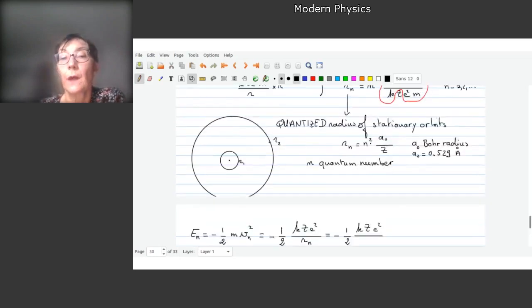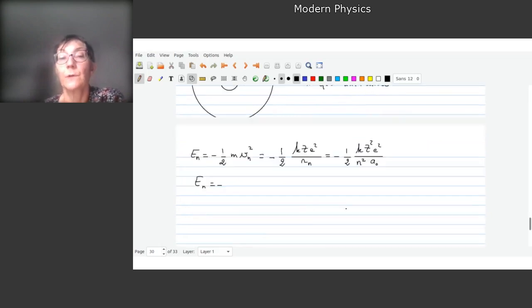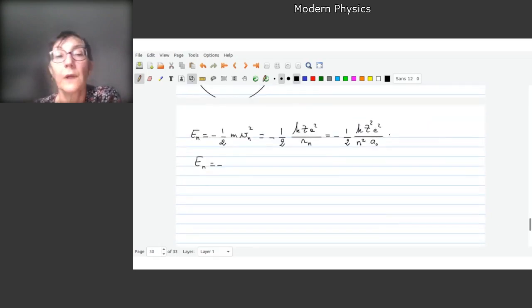Rn is n square a0 over Z, and so we can write this as minus 1 over n square.